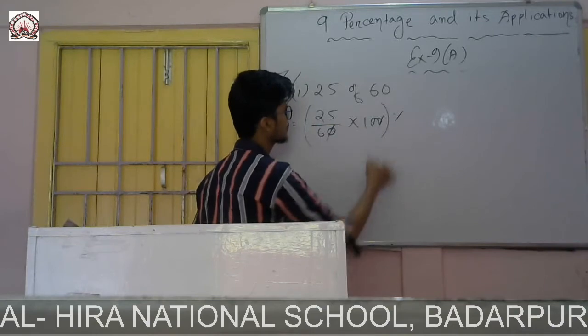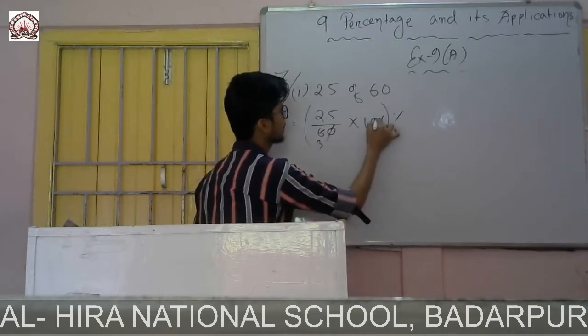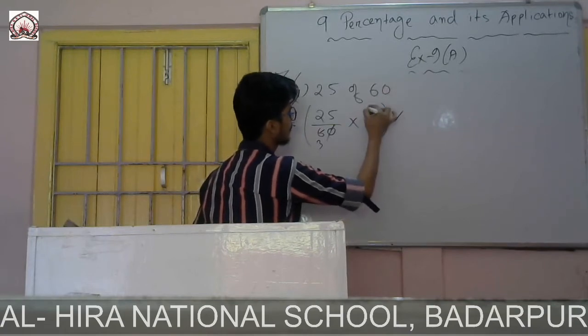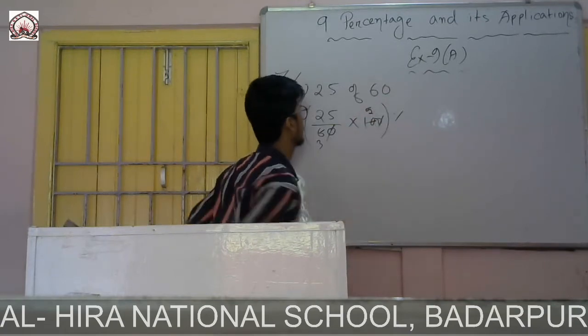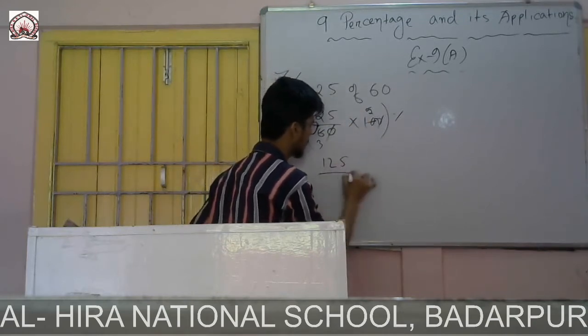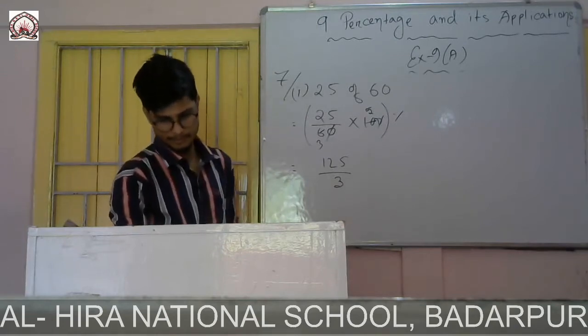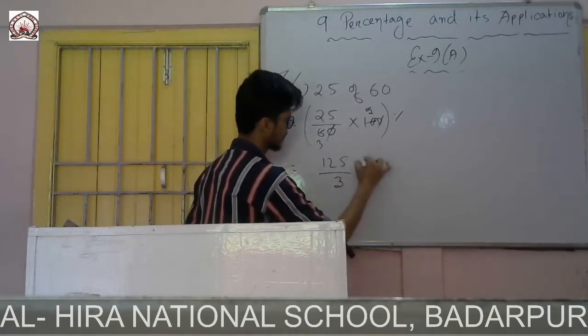So the zeros I can cancel. 2 3s are 6 and 2 5s are 10. Okay. So here 25 into 5, it is 125 by 3, and the sign will be percent.